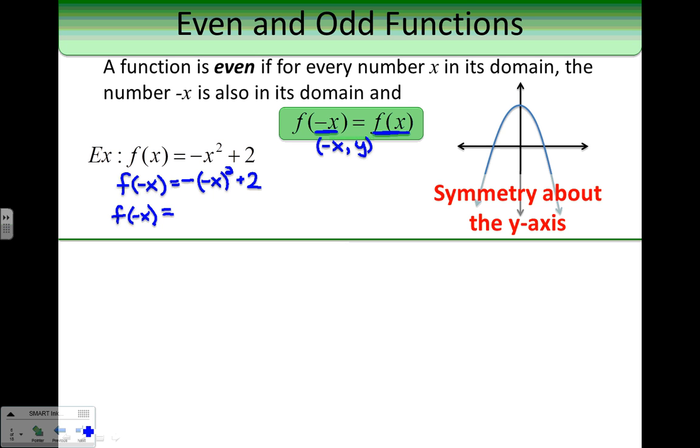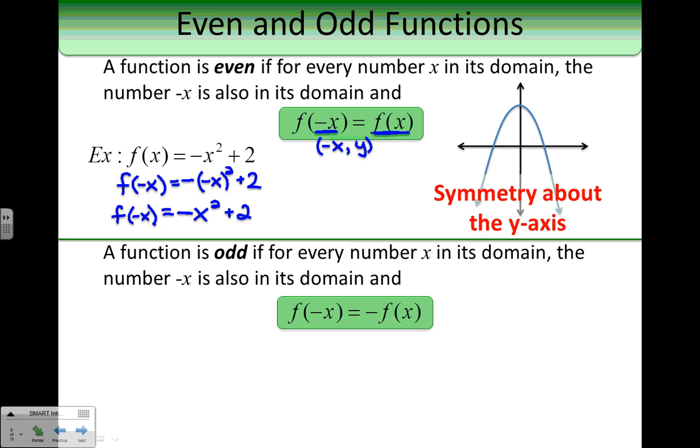Negative x squared is a positive x squared, but I still have that negative on the outside. So when I plug in negative x, I get the exact same thing that I started with. So f of x is equal to negative x squared plus 2, and f of negative x is also equal to negative x squared plus 2. So that means that my function is even. It is symmetrical about the y-axis.